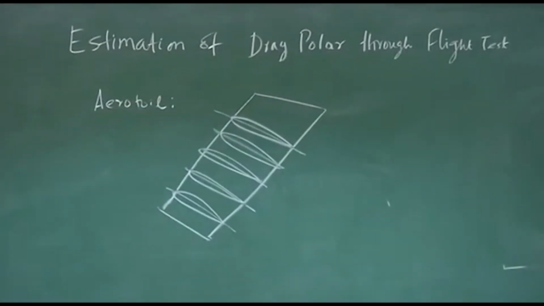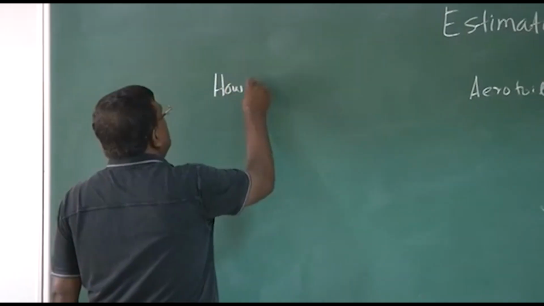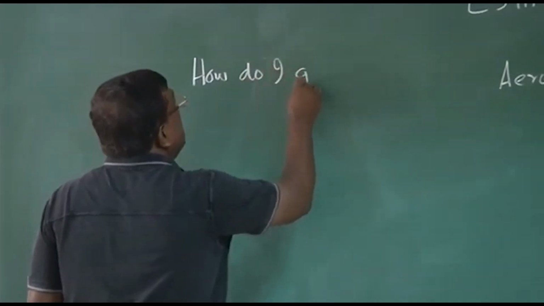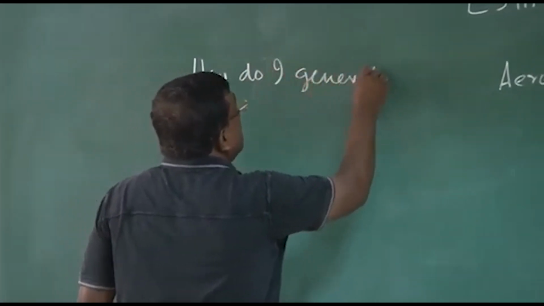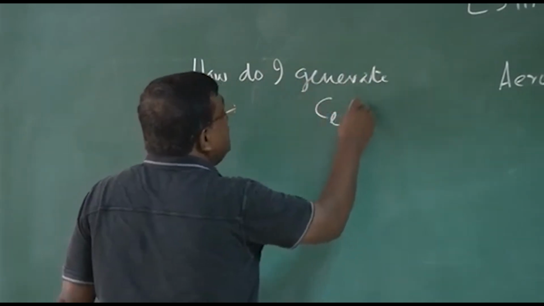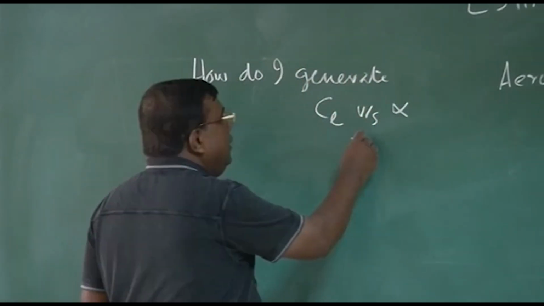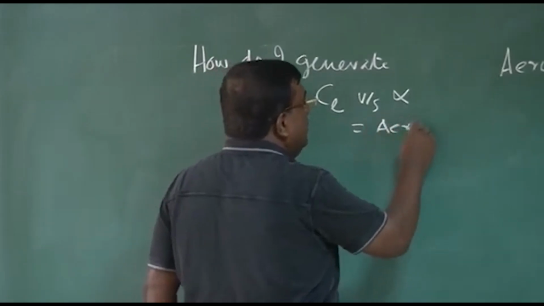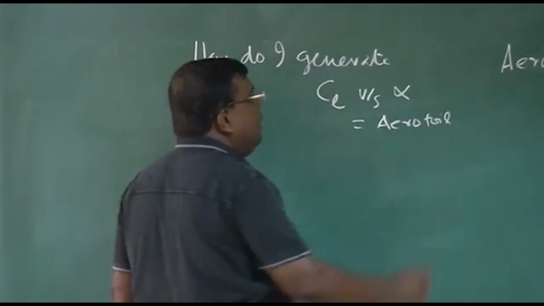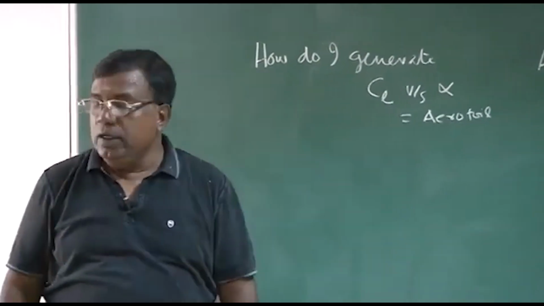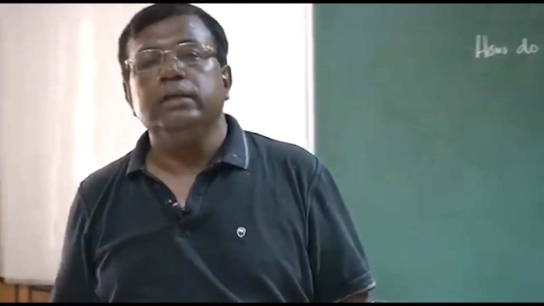Now suppose you ask me a question, how do I generate CL, two-dimensional CL versus alpha for an aerofoil? Do you think you have asked me a complete question? Is it a correct question?